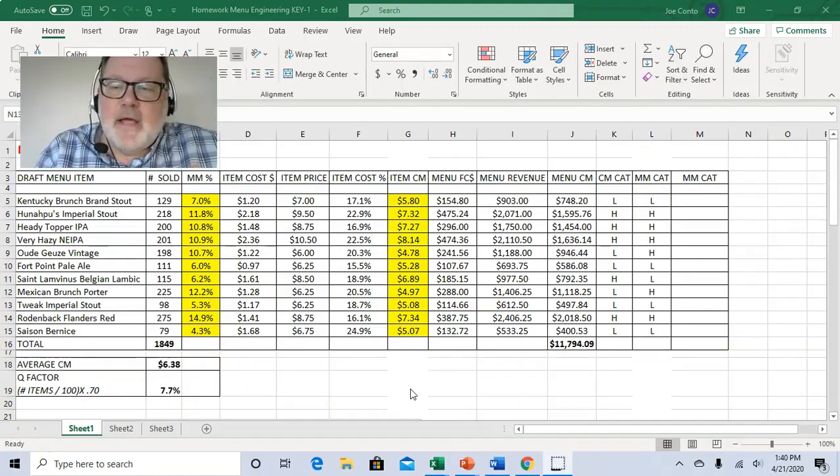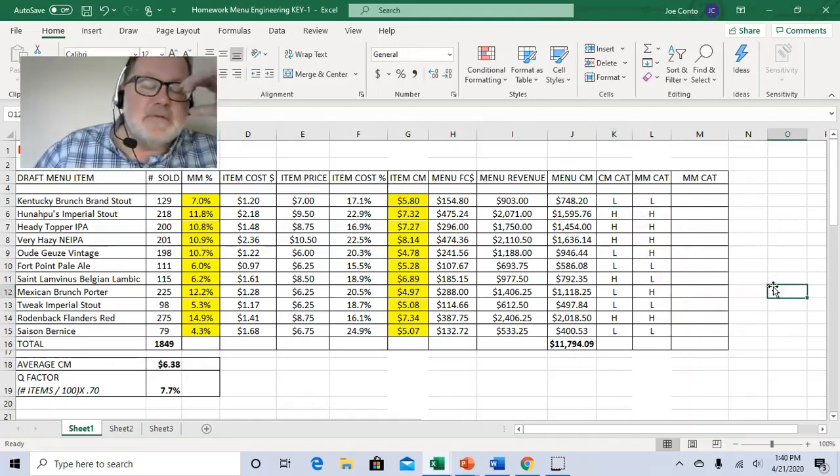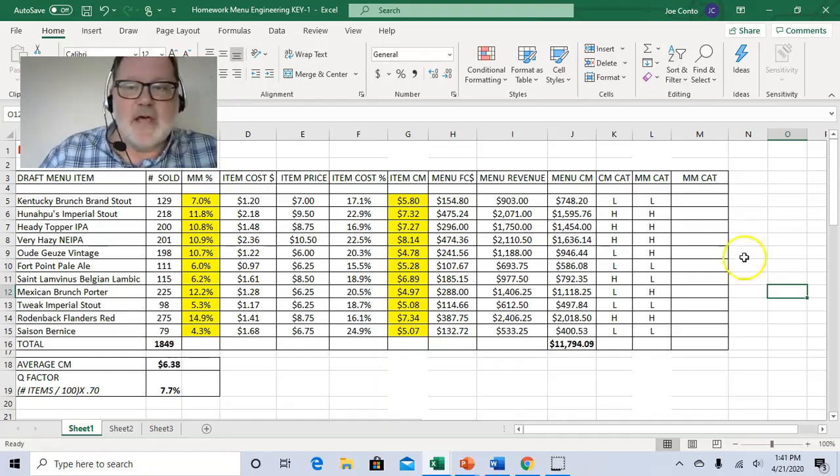Again, I simply compared my average contribution margin to each individual draft's contribution margin, and I put either high or low here. So now you see that we have different categories being put in place. I'm simply going to finish up here by telling you what categories these fit into, and then I will make one more PowerPoint where we'll talk about what each of those means and what we would do if we find those on our menu.